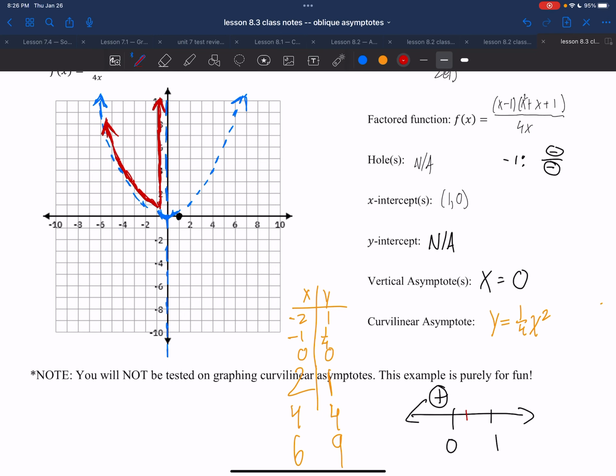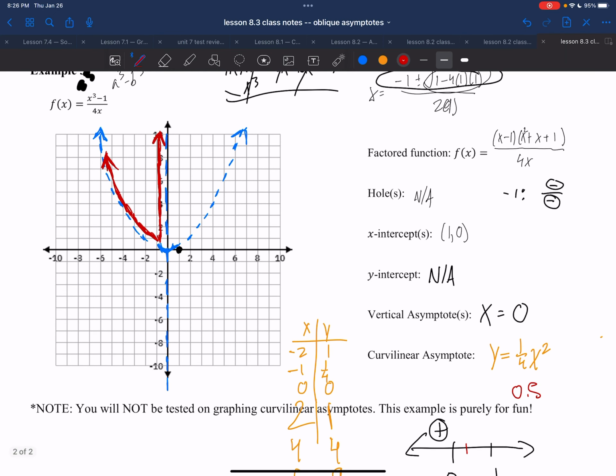Now I need it between 0 and 1, so I'll do a half. A half cubed minus 1 will be negative for sure over positive, which means that is negative. So it's going to come down from here and go towards the x-intercept, hitting the x-intercept.